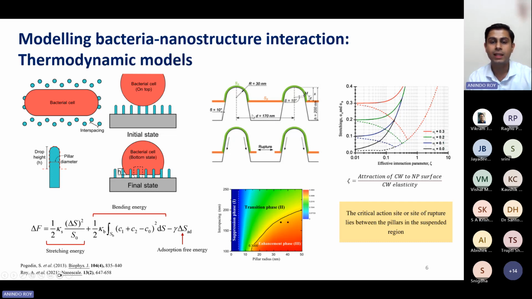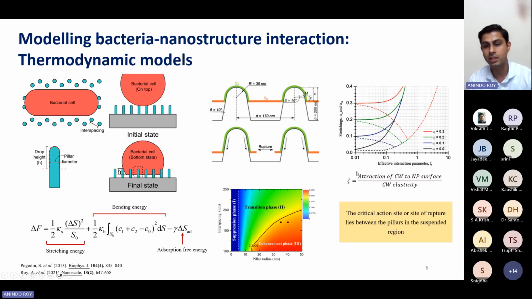Then, by formulating equations and establishing constraints, which is usually that the projected area for the initial state and the final state should be constant, we can calculate the stretching degree in the different parts. In the part where the cell wall is adsorbed onto the nanopillar itself, and also in the part where it is suspended between the two nanopillars.